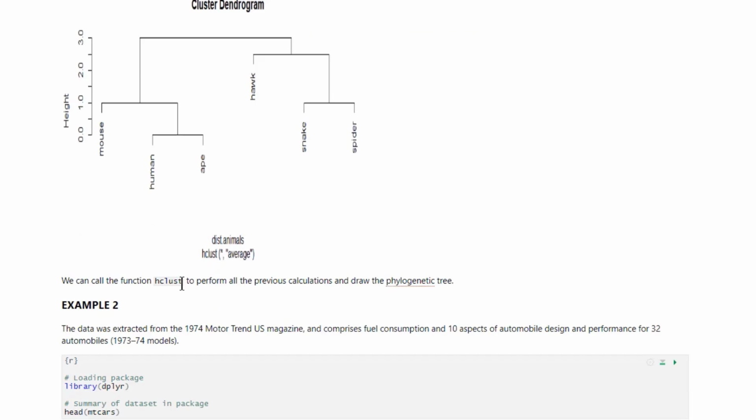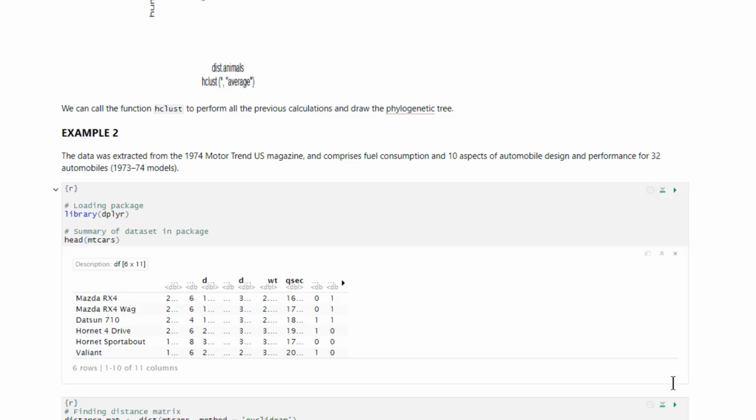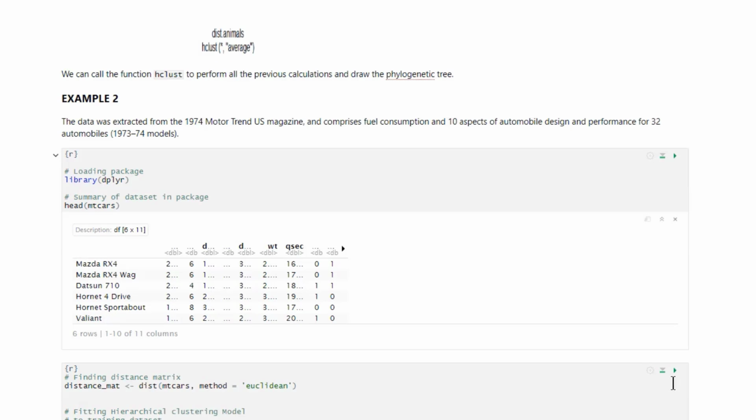We are going to call the function hclust to perform all the previous calculations and draw the phylogenetic tree. Let us look at an example where the data was extracted from the 1974 Motor Trend US magazine and comprises fuel consumption and 10 aspects of automobile design and performance for 32 automobiles. Here is a summary of the dataset.